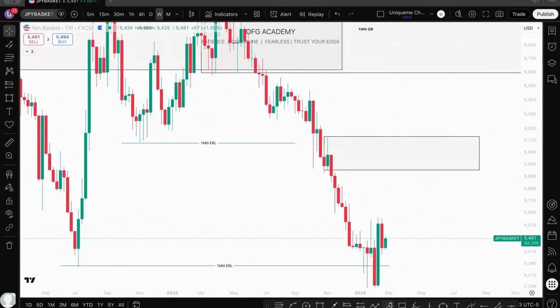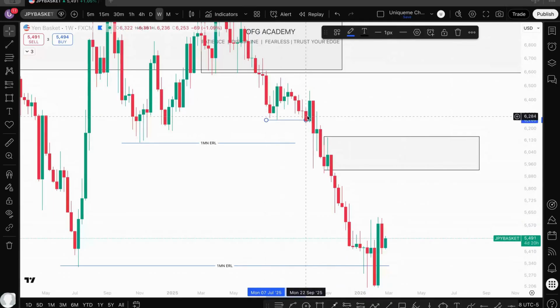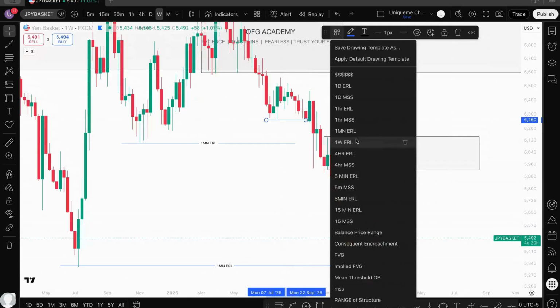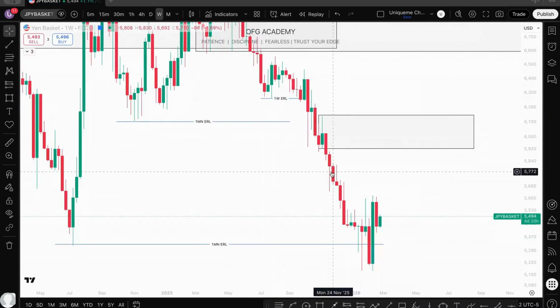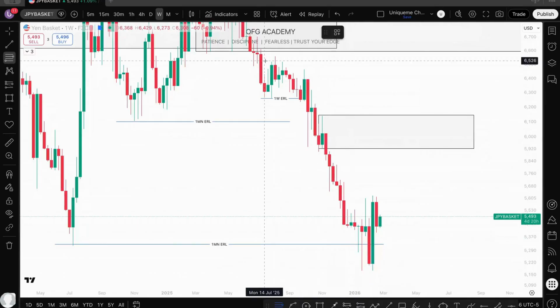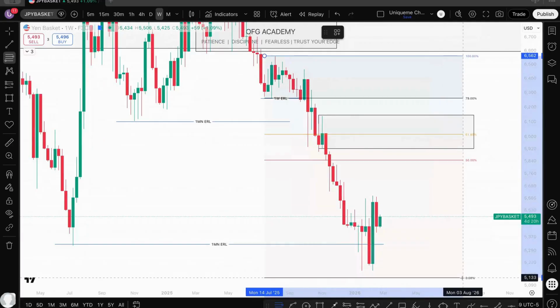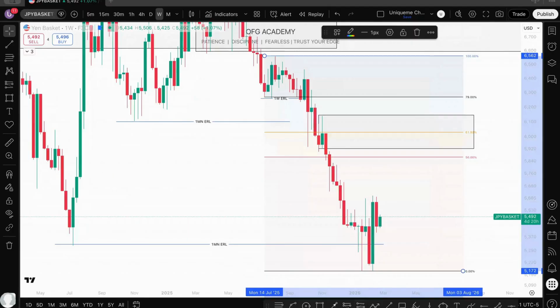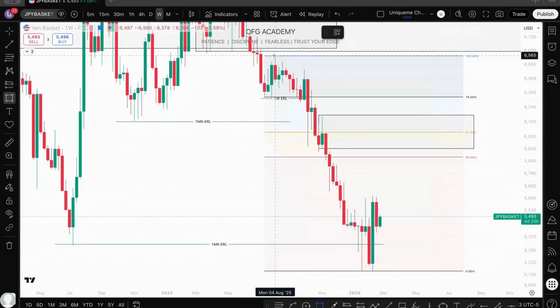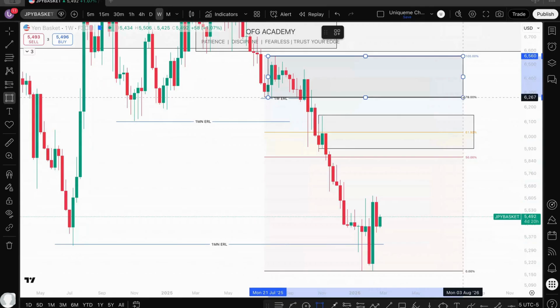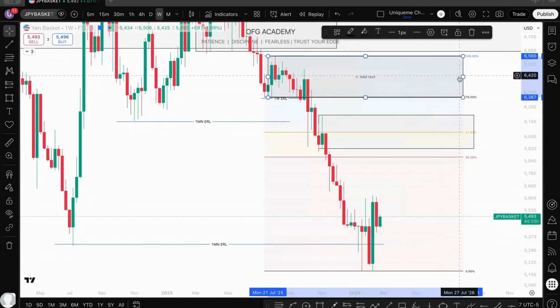But what do I have here? I have here a shift of market structure on the weekly time frame, but I have other blocks, and I keep marking all the fair value gaps around. From this high to this low, I'm also at a discount level, and I have an order block around here for the weekly time frame.